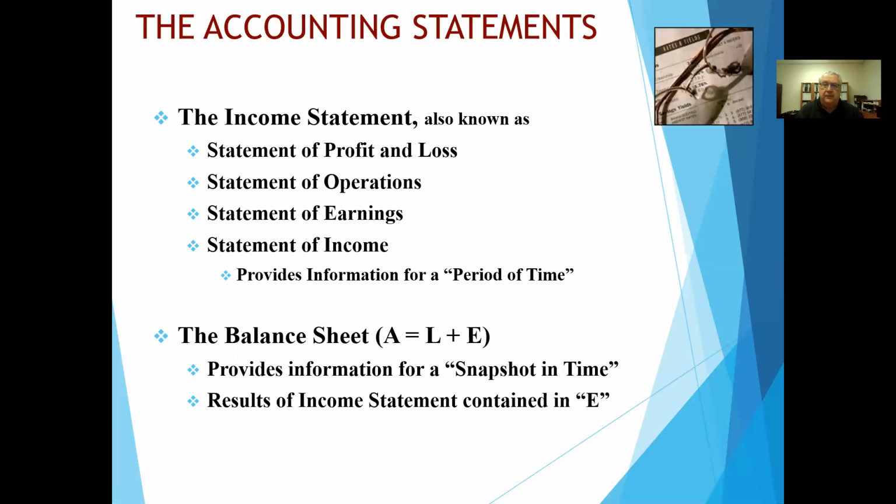And basically, finally, we're working towards a finished product. And this can be deceptive because one of the great things about Wave Accounting is that as you enter data, you can run reports anytime you want, but that doesn't necessarily mean they're correct.